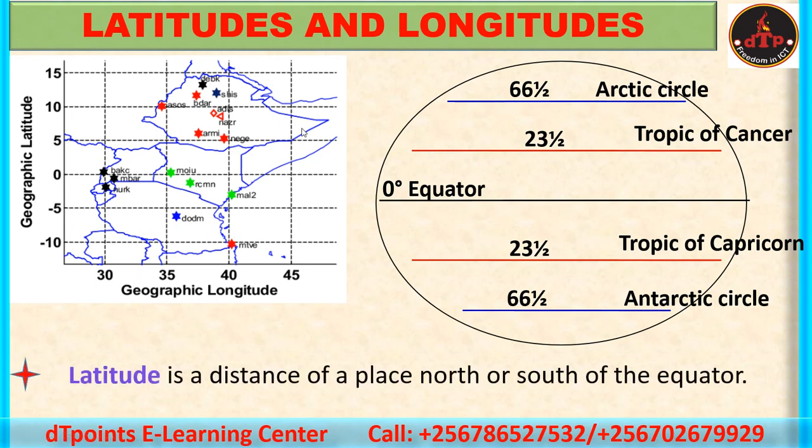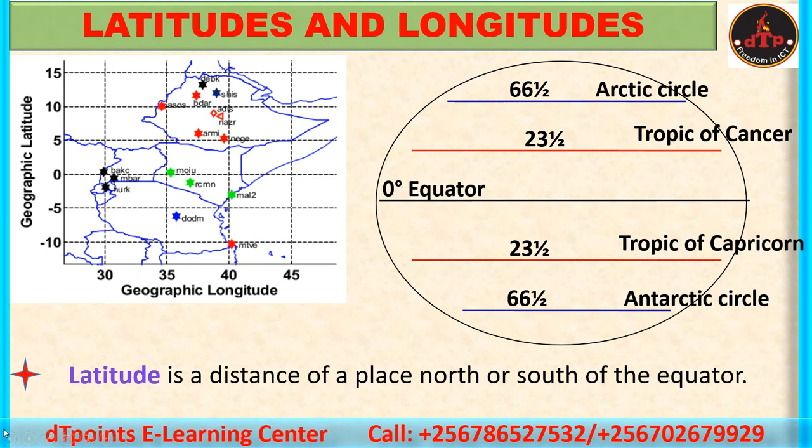So let us first get to know what a latitude is. A latitude is derived from our heading, which is the latitude there. So we are going to define what a latitude is. A latitude is a distance of a place north or south of the equator.